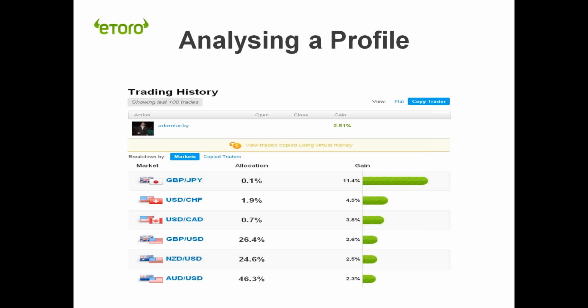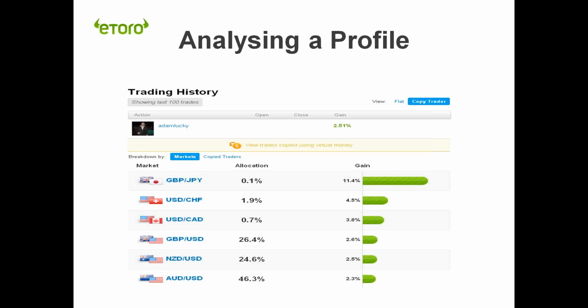The other point I wanted to bring up, and what you'll tend to find with the gurus, is they generally tend to trade themselves and don't have too many other people copying. But I know I've mentioned this before, a lot of people will tend to copy, say, between 5 and 10 people. So when you're looking on here, you want to look at the people they're copying.